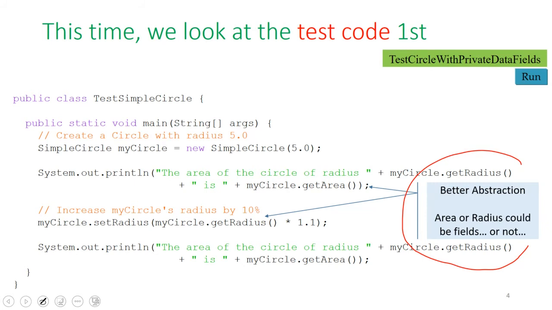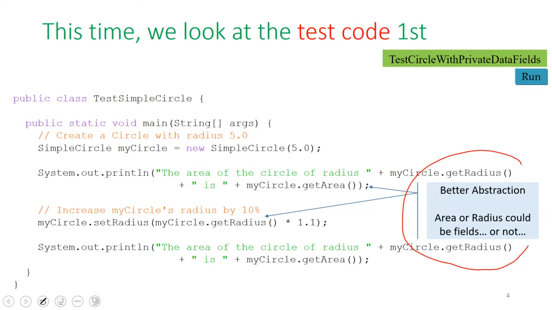I could have a class where the radius is an attribute and maybe the area is also an attribute, or the area is computed on the fly based on the radius. Or, more weirdly, I could have a class where I store the area in an attribute, but every time you ask me what the radius is, I compute the radius from the area. I could have all sorts of possible implementations.